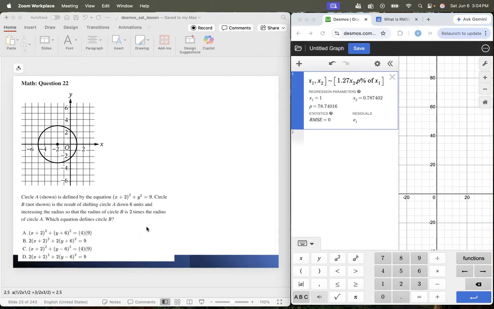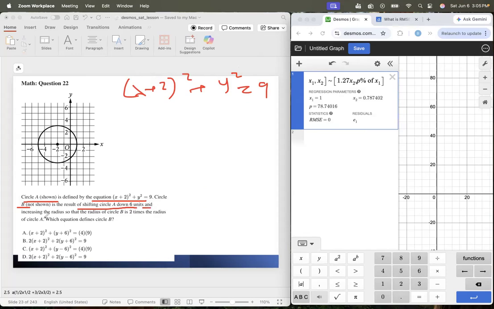Question 22 is not that difficult. It depends on if you know translation of circles. A circle A is defined by this equation. So you have (x plus 2) squared plus y squared is equal to 9. Circle B, not shown, is the result of a shift of A down 6 units, right?